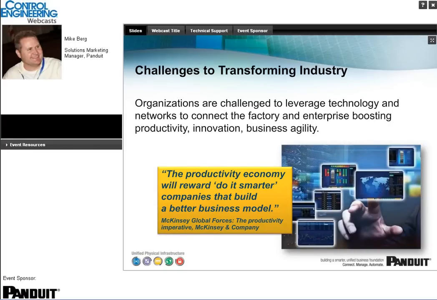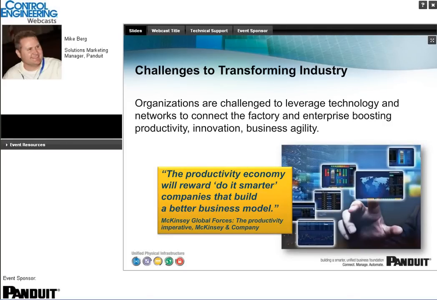We have a quote here from McKinsey, characterizing that for markets like North America and Europe, the growth of GDP is only going to come from those companies that are do-it-smarter type of companies, the ones that can build a better business model and reap the benefits of innovation and business agility. So it's very important that productivity and growth of companies is so linked with technology.